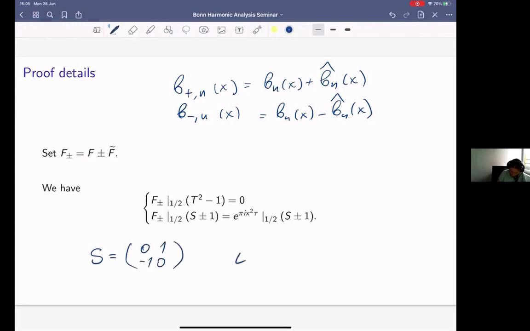So SL2(Z) acts on the upper half plane by linear fractional transformations, and S acts by sending a point tau to the point minus 1 divided by tau.